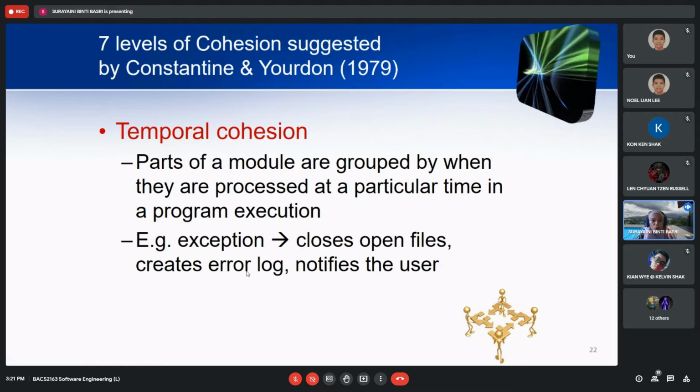So this is not a correct way of grouping your modules or functions.